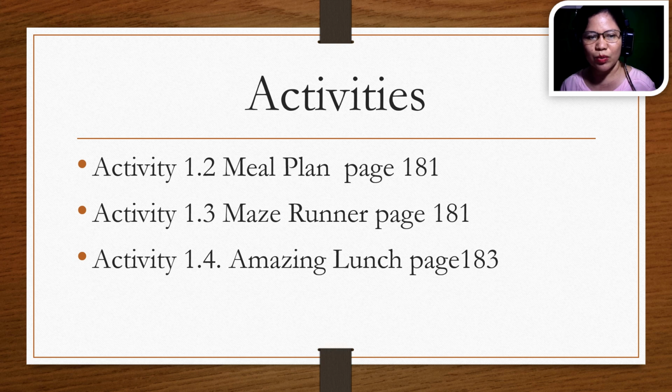Then for activity 1.4, Amazing Lunch, that is on page 183. You will just complete the table based on the 3 scenarios given. Then you also have the pre-assessment in your module.